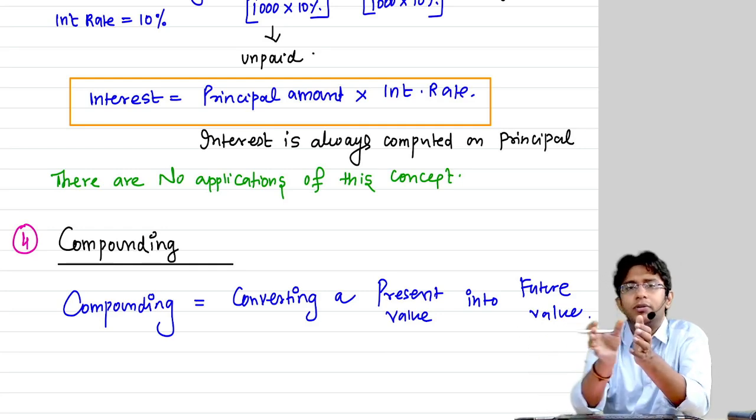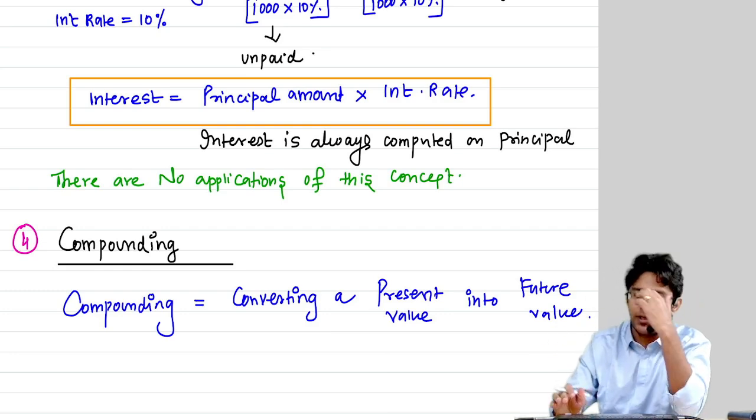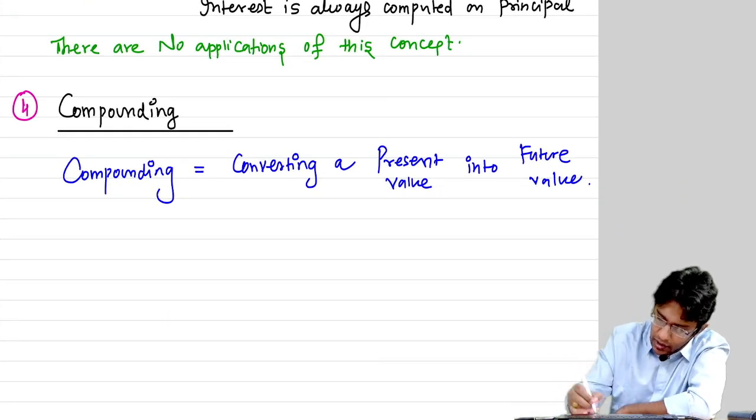A present flow or some cash flow, if you want to convert that into future, the process is called compounding.